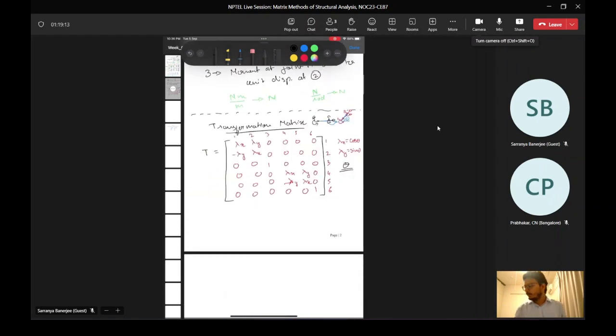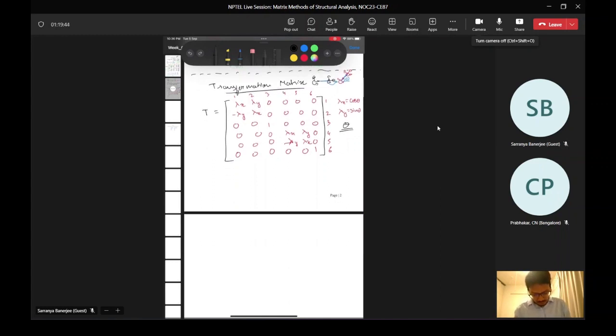Now you just need to transform. How do you use the transformation matrix? You use it as dx1, dy1, d1z, with a dash. Why am I using dash? I think it is the same nomenclature that is used in class.